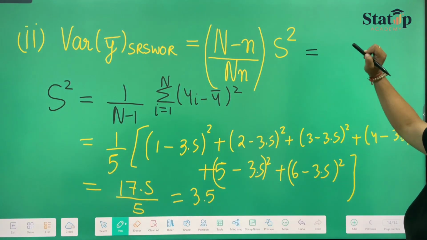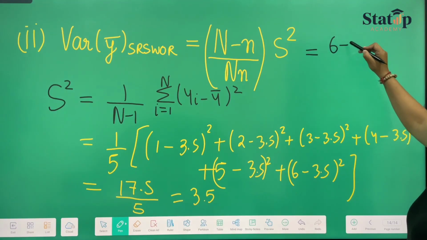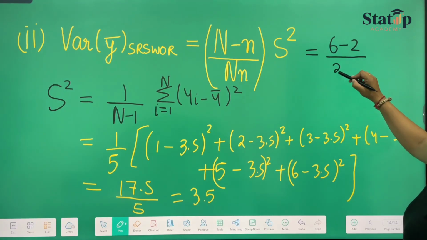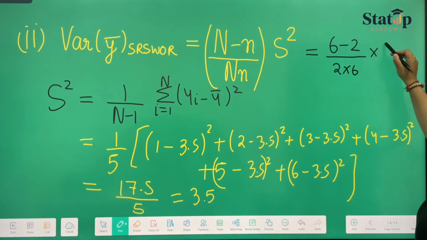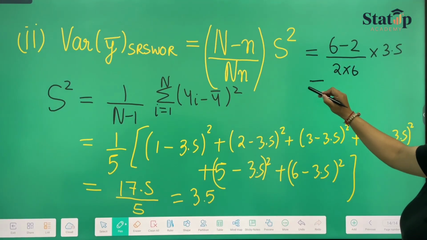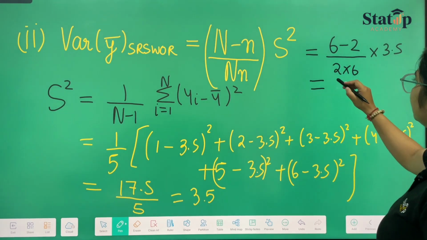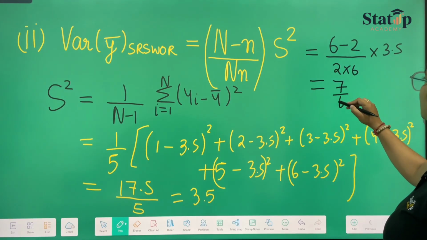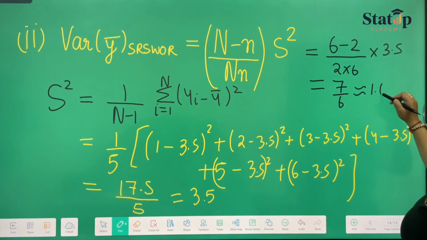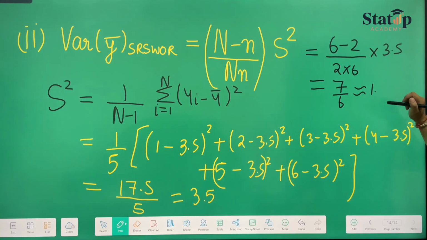Now just keep the value of S square here. Capital N is 6, so (6 minus 2) upon 2 into 6, into 3.5. The final answer for the variance of y bar, simple random sampling without replacement, comes out to be 7 by 6, which is almost equal to 1.1667.